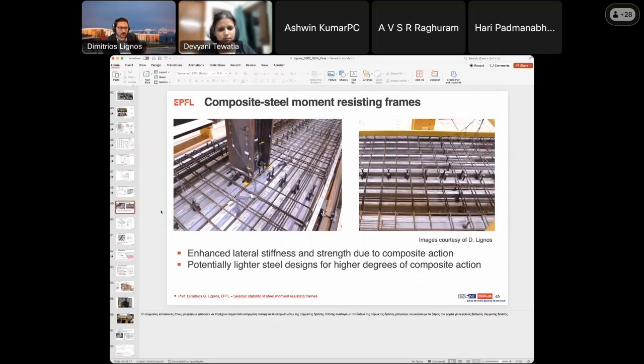There is also some additional work published recently by Professor Matt Eatherton at Virginia Tech, where he did some tests and violated this rule by welding studs directly in this zone. His observations confirm pretty much what I just showed you.